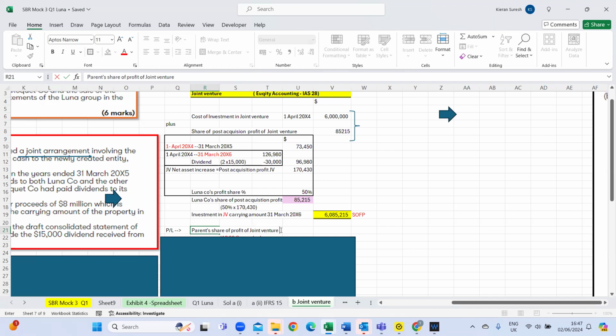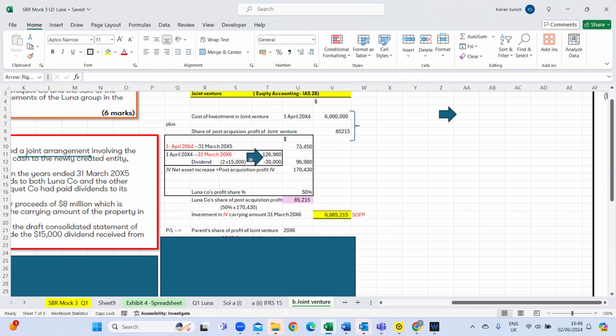This would be how much the profit was during the year. If this was for 2016, which is the current year, we just need to know how much profit the joint venture made in the current period. We don't deduct dividend anymore here, right? We have the share from the profit.